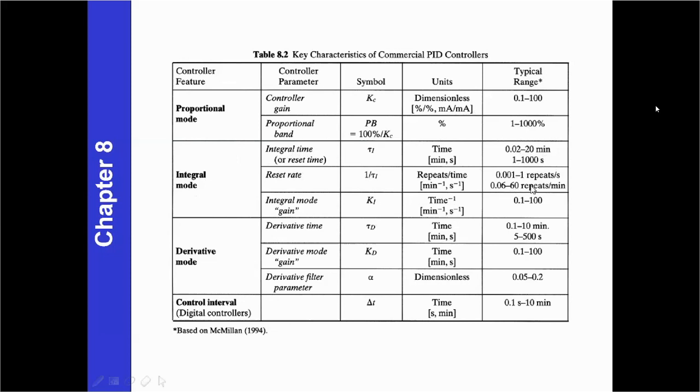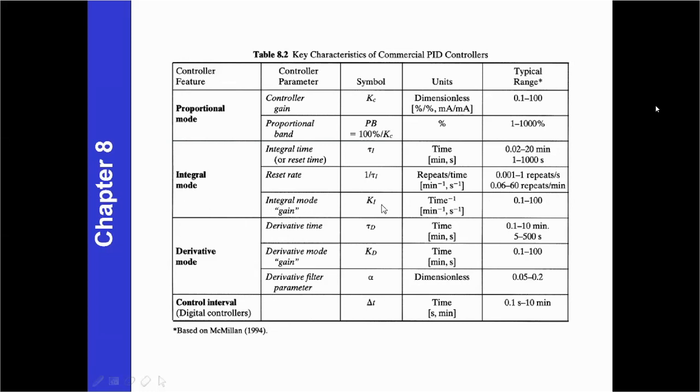It ranges from 0.01 to 1 repeat per second, or 0.06 to 60 repeats per minute. That's 1 minute, that's 60 seconds.